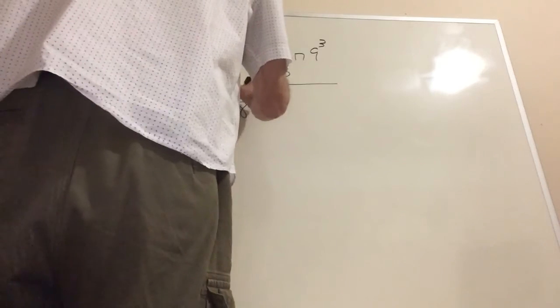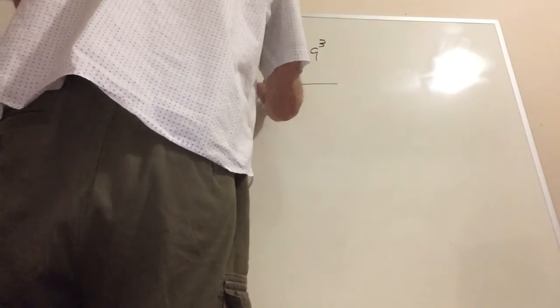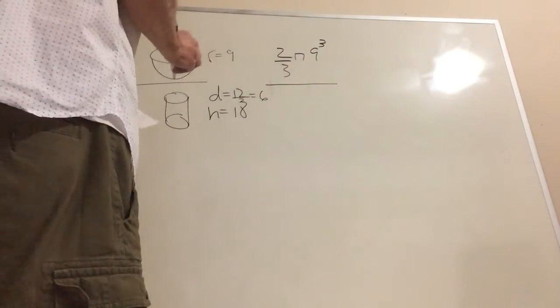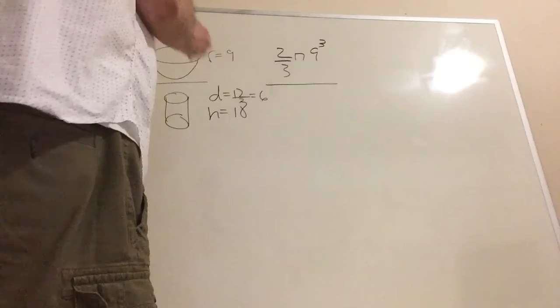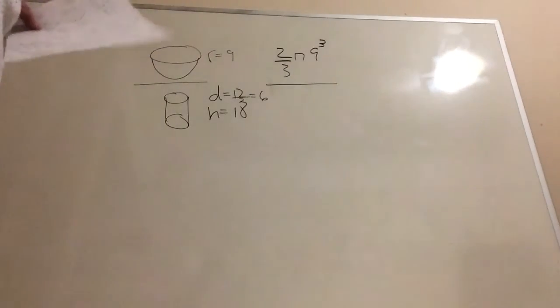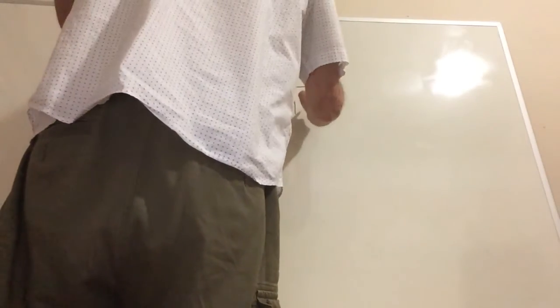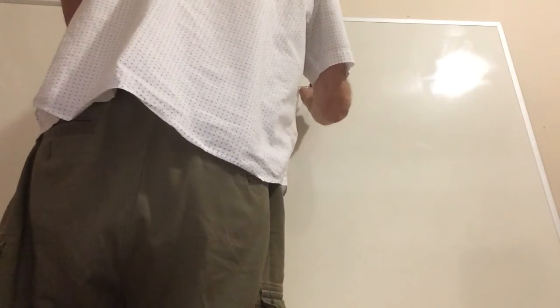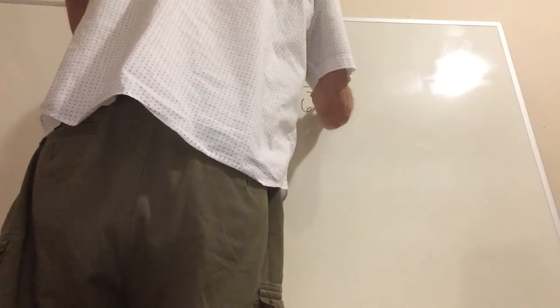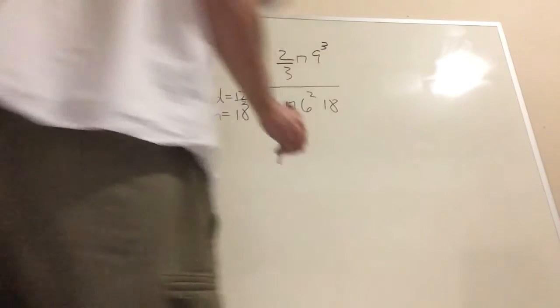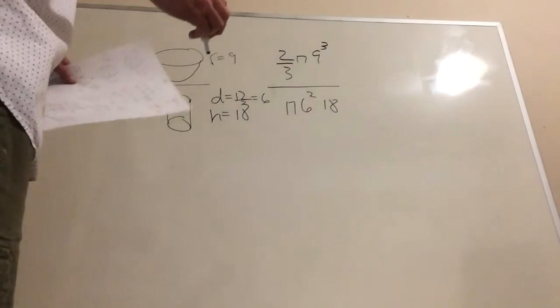Oops, be careful. Half of d is 6. 12 divided by 2 is 6 here. So remember, your radius is always half of your diameter. You can't fall into that trap. And that means I have pi 6 squared times 18. So we need to do a little work here.